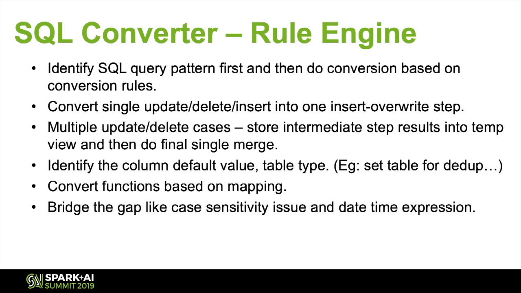It would identify default values in ADBMS tables and then fill them in the Spark SQL. Also, it converts the ADBMS functions to the Spark version based on the mapping. The last thing is to bridge the gap, for cases like we mentioned before, the case sensitivity issue and the auto trim in string issue.